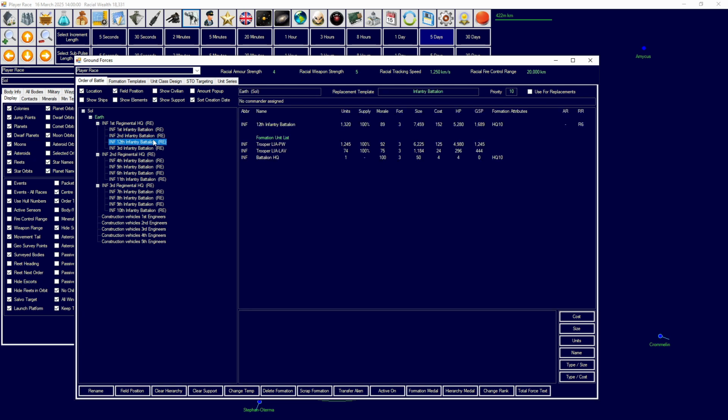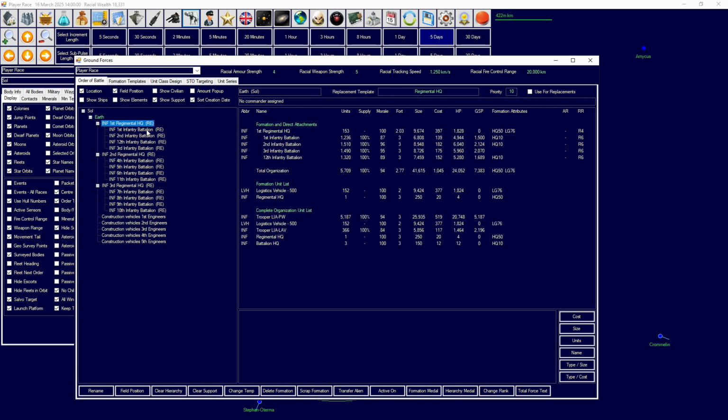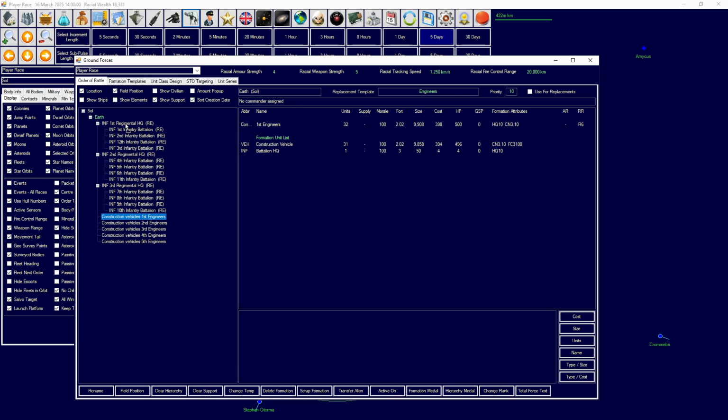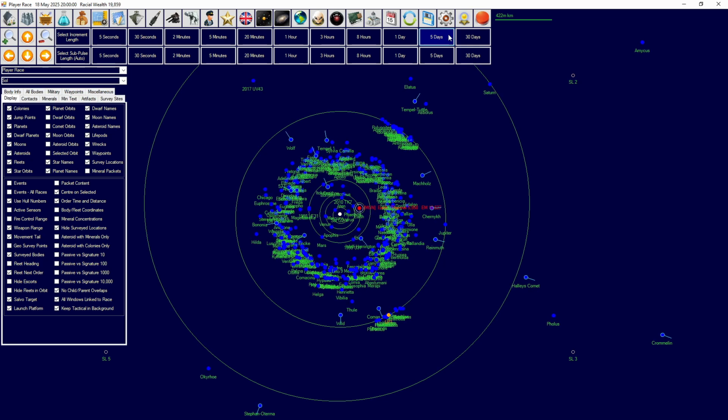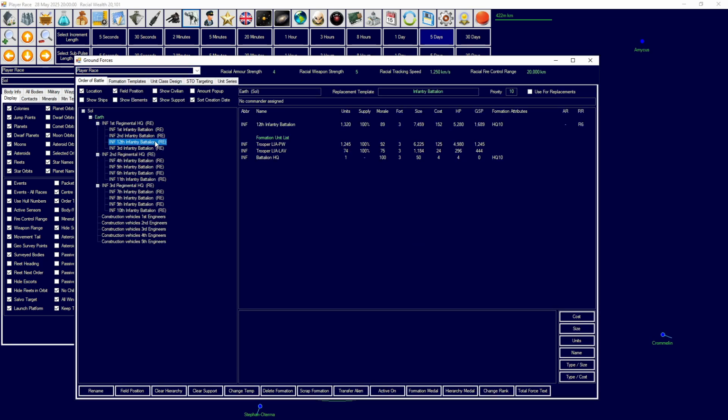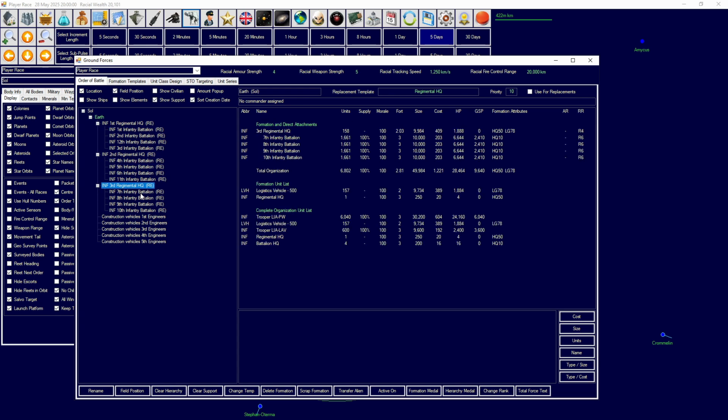And we can have a look at the actual formation. So you can see they should be fortifying. Probably only fortifying like one of the formations, if I imagine correctly. Location, construction vehicles. We'll just give them some more time here. Am I looking at this wrong?